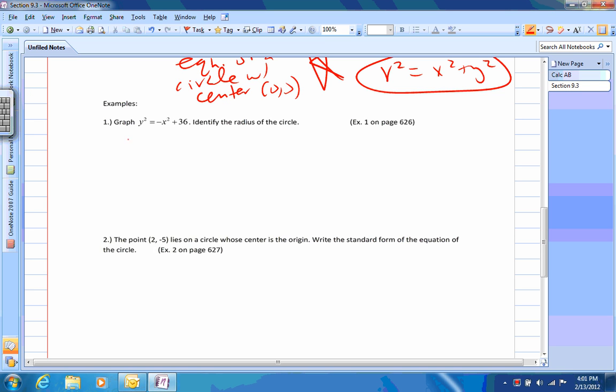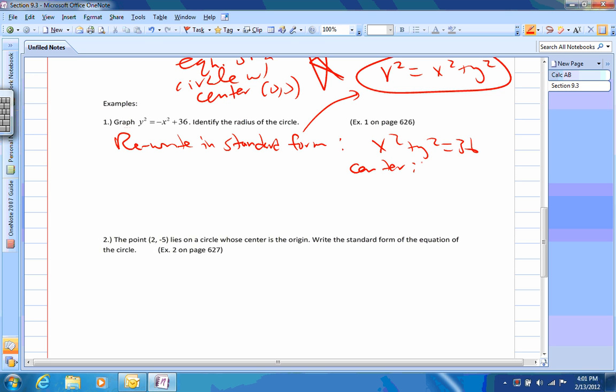So here you have to graph the circle. So to rewrite in standard form, that right there is standard form. So if I rewrite as x squared plus y squared equals 36, the center, obviously at 0, 0. The radius, hopefully you identify as 6, because remember that's r squared.